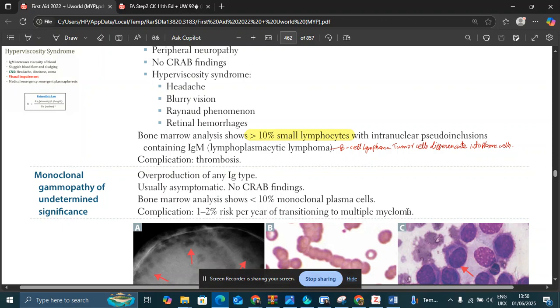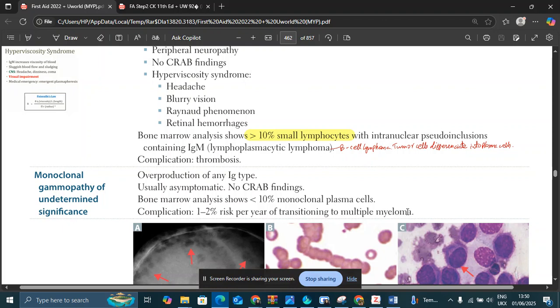So, if I distinguish MGUS from multiple myeloma, in MGUS, there is overproduction of any immunoglobulin. In multiple myeloma, there is overproduction of IgG and IgA. Usually, MGUS is asymptomatic, but multiple myeloma has CRAP findings, which is not seen in MGUS. When we do the bone marrow biopsy of MGUS, we see less than 10% monoclonal plasma cells.